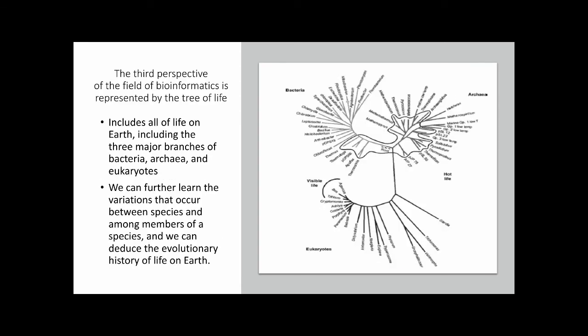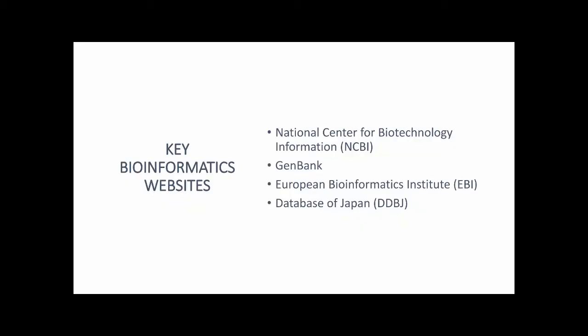And then the third perspective is represented by the tree of life, or rather, sequence similarities between different organisms. So, in bioinformatics, we also do sequence similarities. We compare DNA sequences from different organisms to look for variations between species, among members of the species, and so on and so forth.